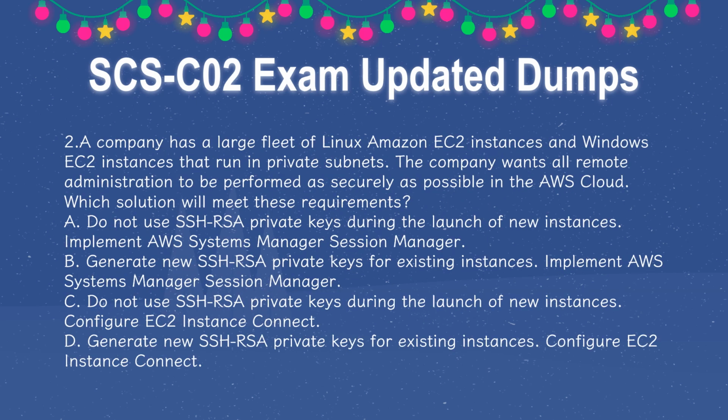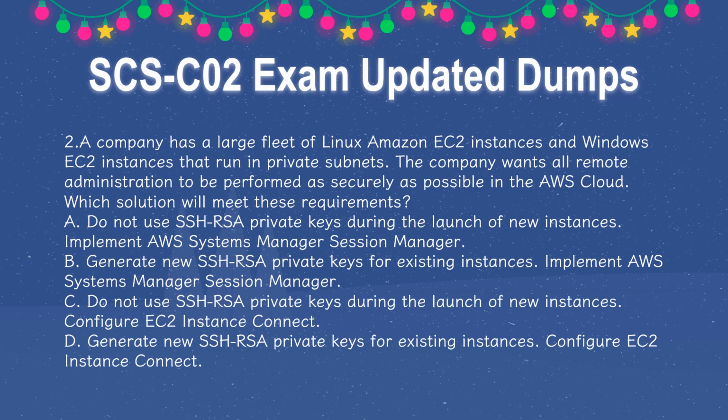2. A company has a large fleet of Linux Amazon EC2 instances and Windows EC2 instances that run in private subnets. The company wants all remote administration to be performed as securely as possible in the AWS cloud. Which solution will meet these requirements? A. Do not use SSH RSA private keys during the launch of new instances. Implement AWS Systems Manager Session Manager.